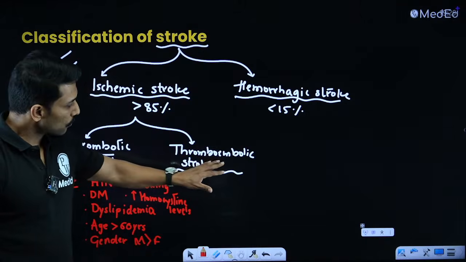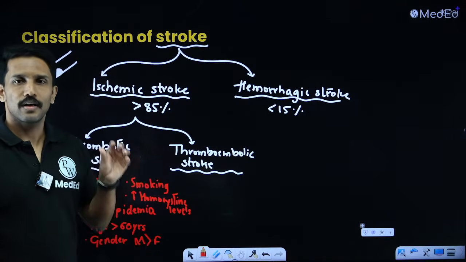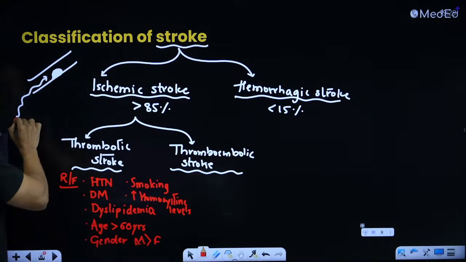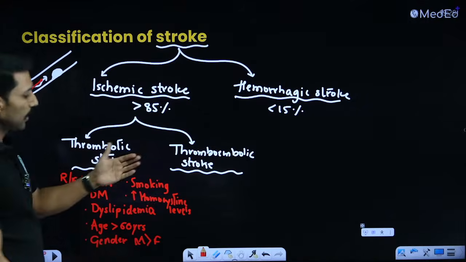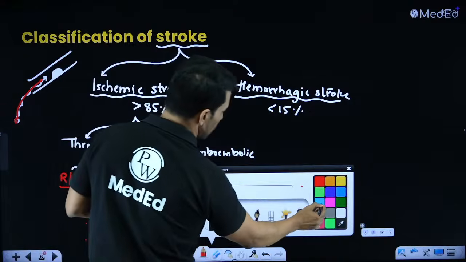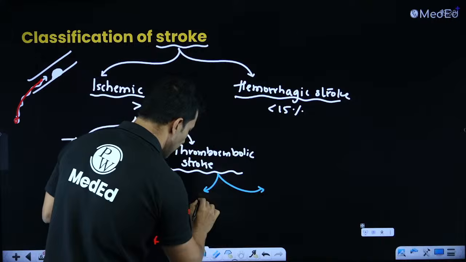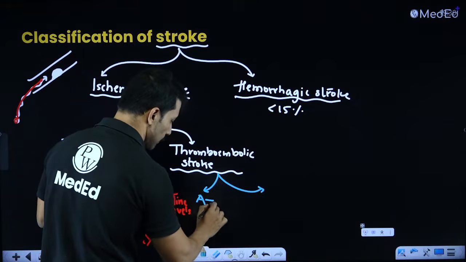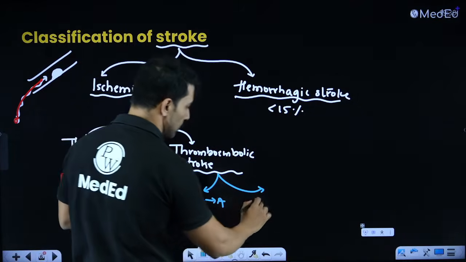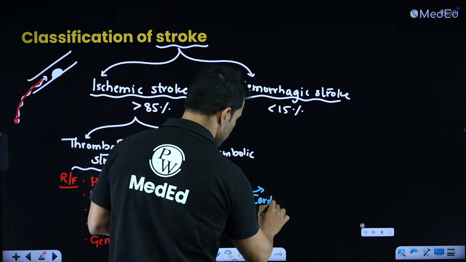Now talking about thromboembolic stroke, where a clot gets formed elsewhere and then travels to the brain's blood vessel, we can further classify them into two groups: artery to artery thromboembolism, and cardioembolic strokes.